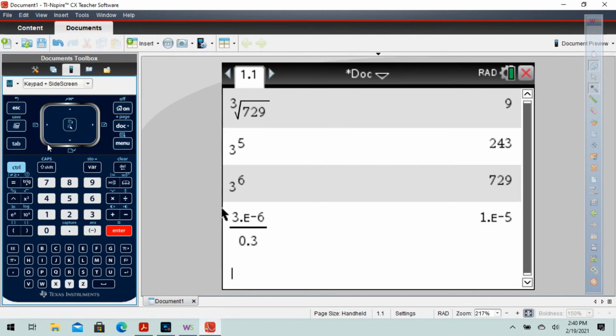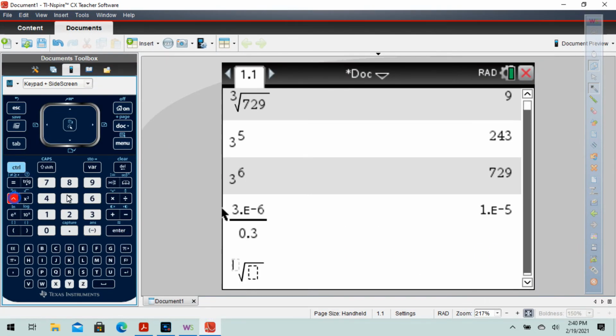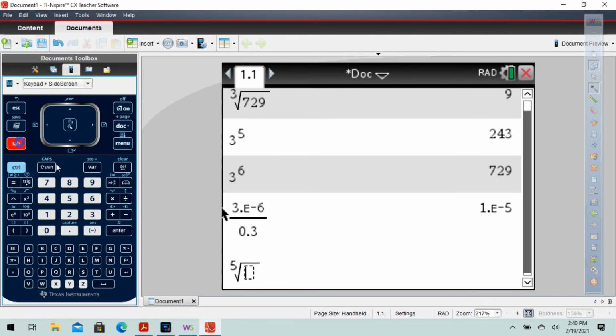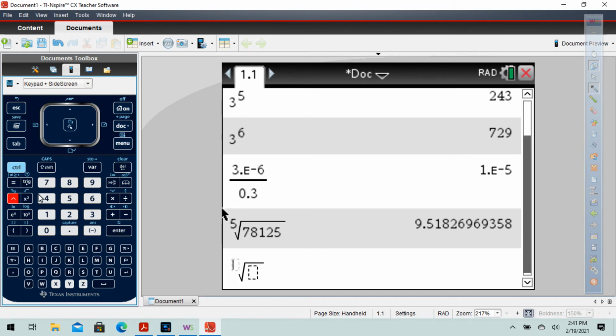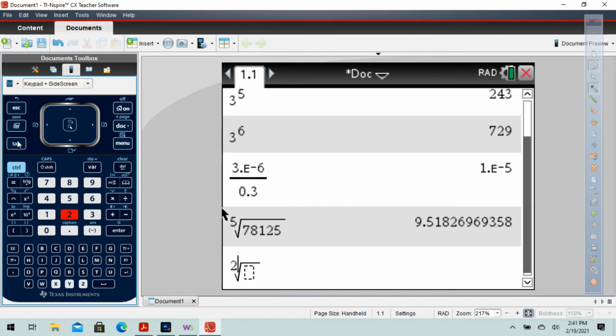$78,125. So we're going to take the 5th root of 78,125. Okay, it's 9. So really, what I want is, well, the 2 in there.